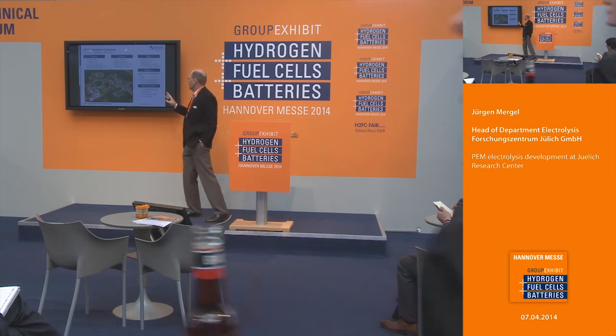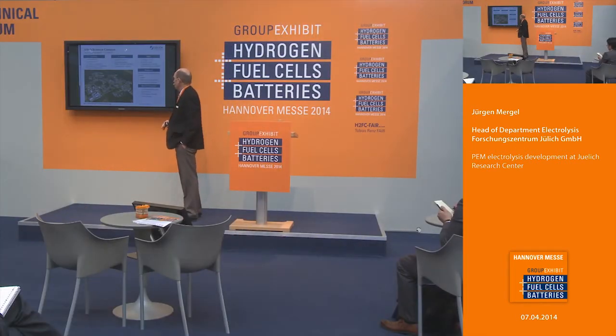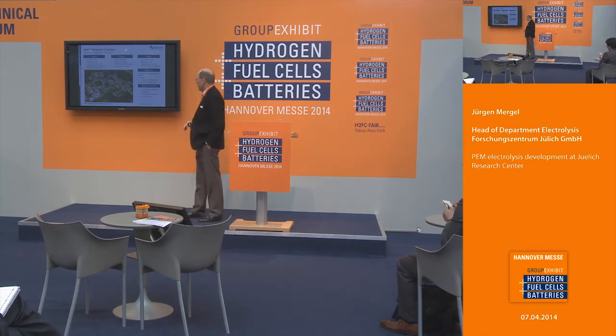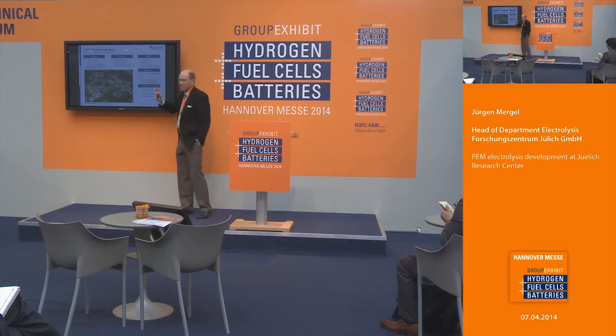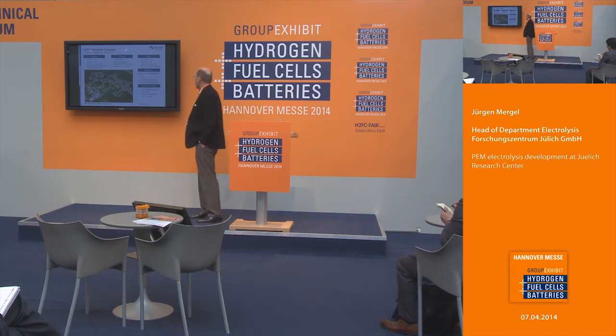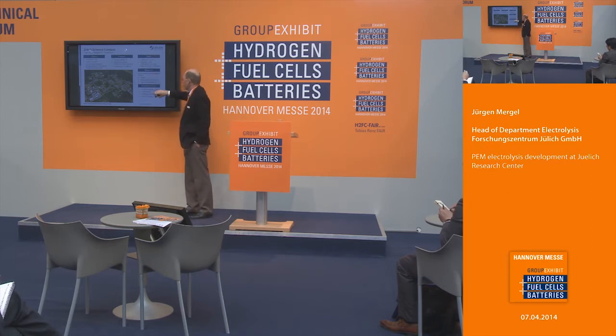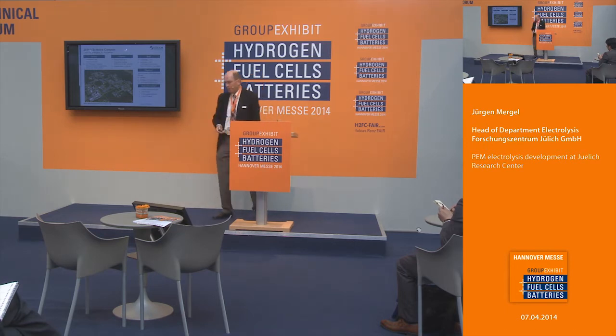Okay, so Juelich Research Center is one of the biggest centers funded by the German government and the state of North Rhine-Westphalia. We are around 5,200 people working on different research fields, and I'm located in the Department of Energy and Environment.